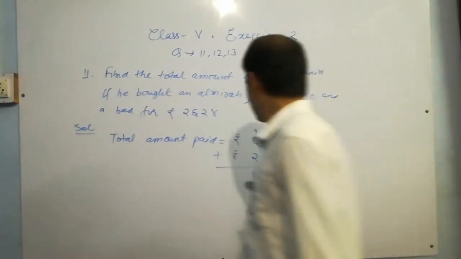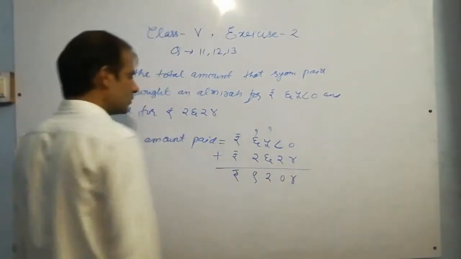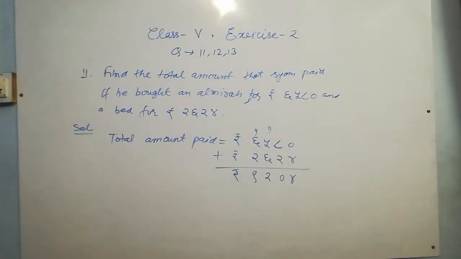So this is the final amount. The amount is 9204 and it is the answer of question number 11 of exercise 2. So the answer is 9204.